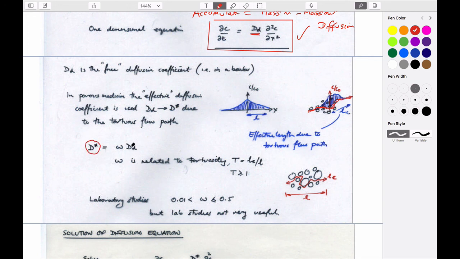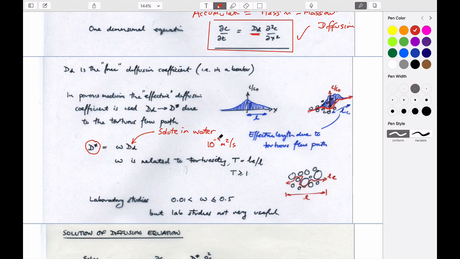which is equal to the textbook diffusion coefficient of a solute in water. You can look it up in an encyclopedia. The diffusion coefficient for salt in water is typically of the order of 10 to the minus 9 meters squared per second. They're all around this number for any chemical compound.